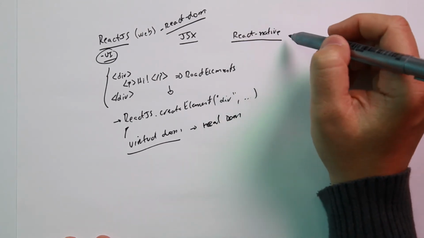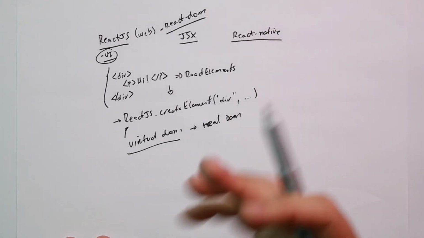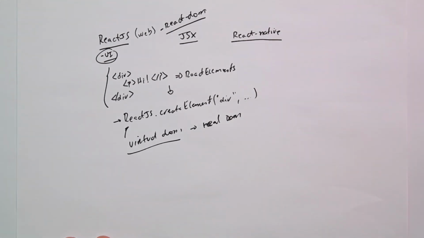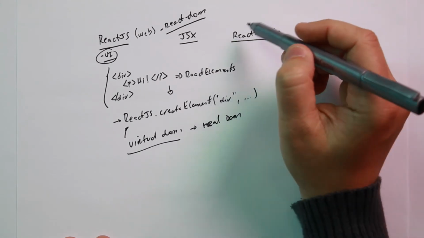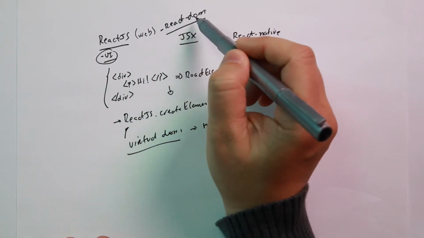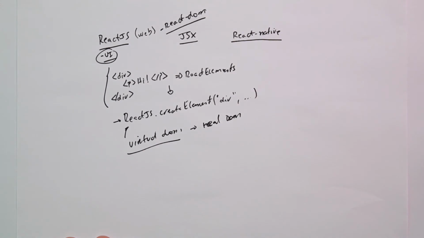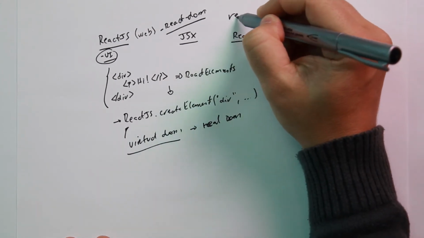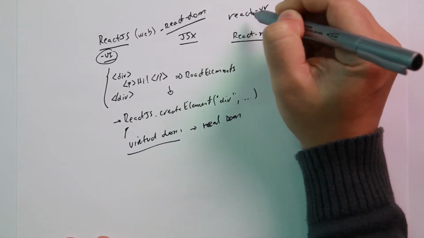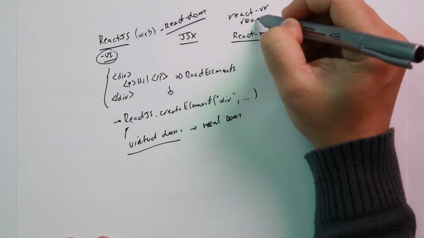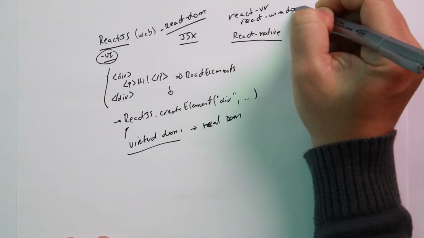And later we have React Native, that is the same idea. We get this virtual structure, and it is converted to native components in Android or iOS, etc. So this and React DOM are like someone that knows how to write the components on each platform. For example, we can add React VR, React Windows.